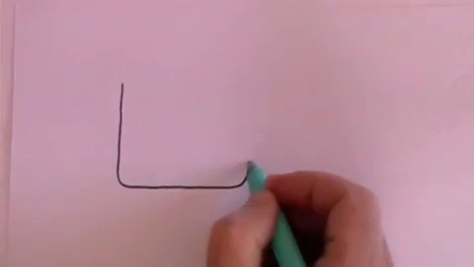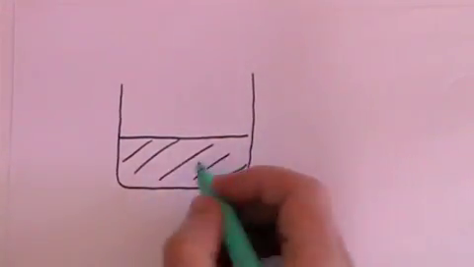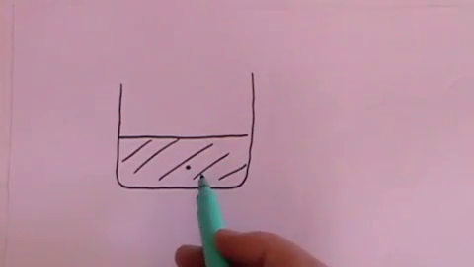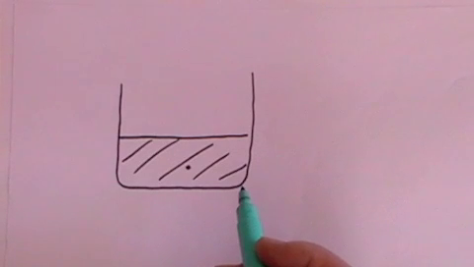Now the pressure in a fluid, let's take a tank of fluid here. The pressure at any given point will apply in all directions. It doesn't only apply in one particular direction. So let's take a rather large test tube.